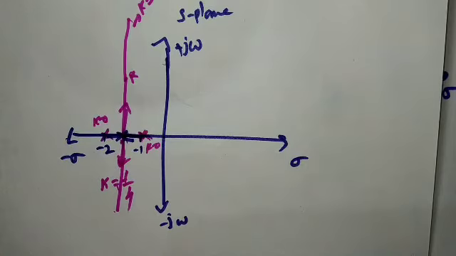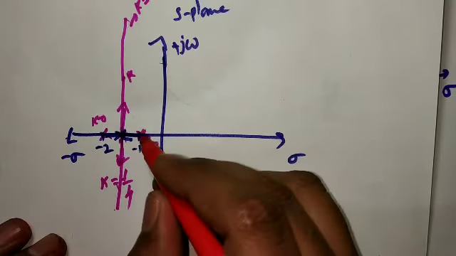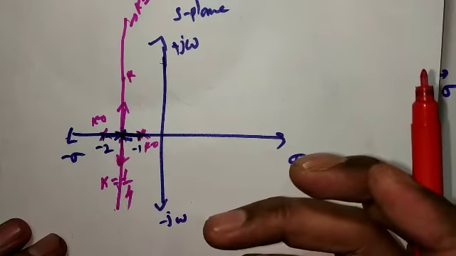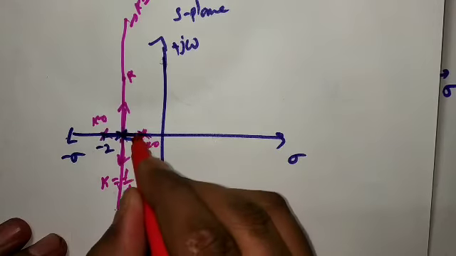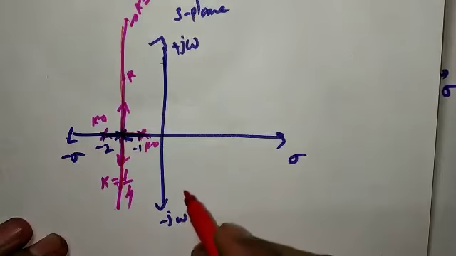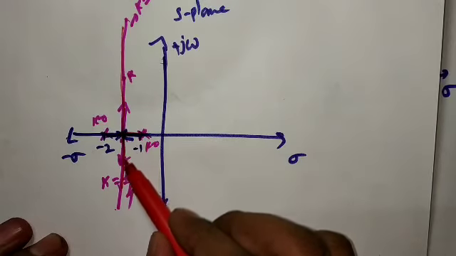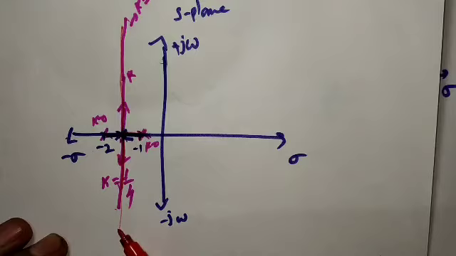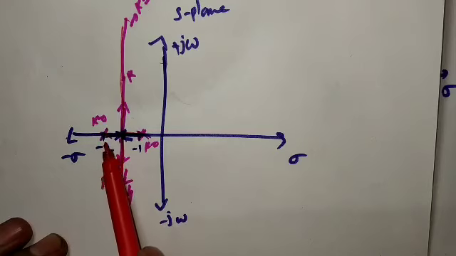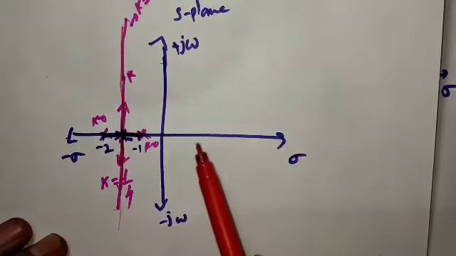If we just look, there are two poles here, s is equal to minus 1 and s is equal to minus 2. Since there are two poles, there are two root locus branches. One root may go in this direction and another in this direction, and terminate at k is equal to infinity. One root starts at minus 1 and terminates at infinity, and another root starts from minus 2 and terminates at infinity.